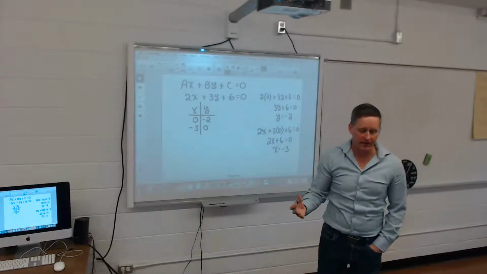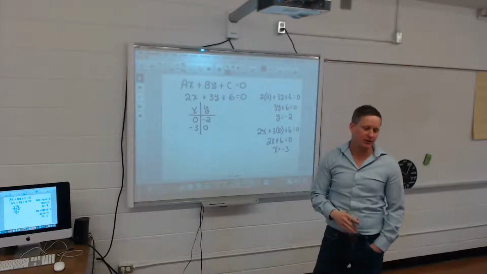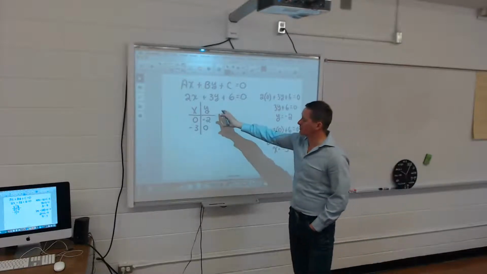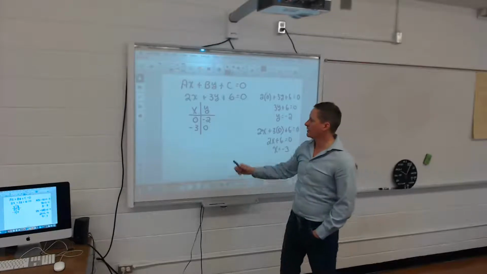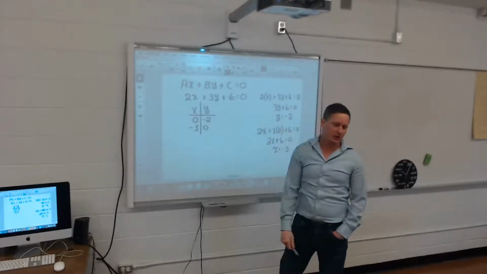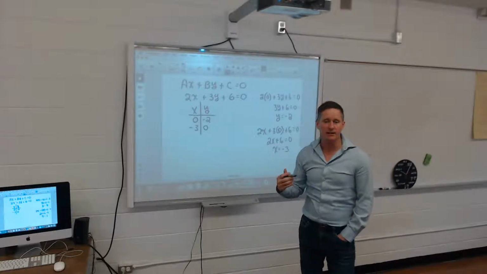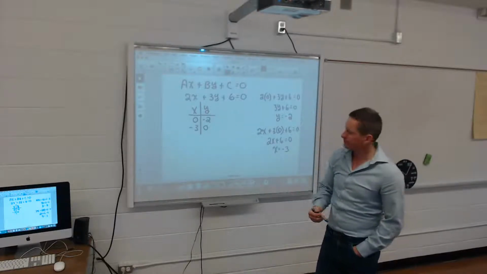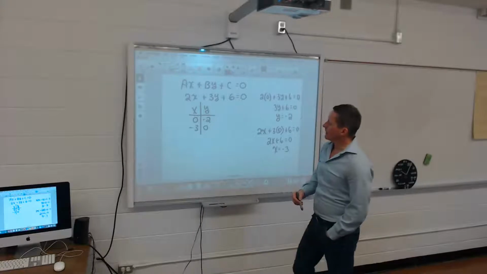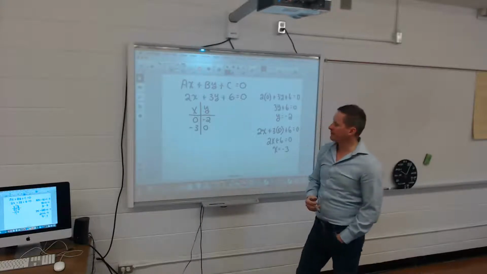So that's really beneficial. I don't have fractions. It works out very neatly that way. So that is one way in which I will graph a linear equation in general form. Okay? So that's the first way to do it.